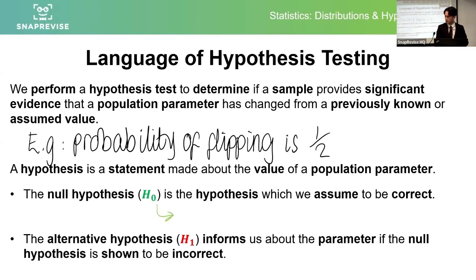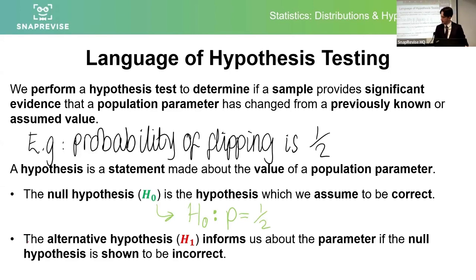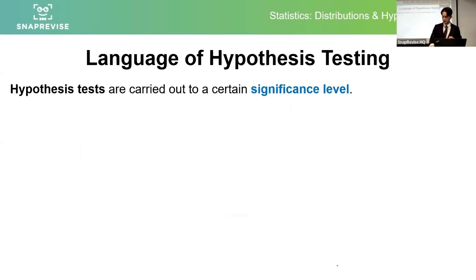Now H0, the default position, make sure you put a colon and then put p equals 1/2. Don't ever say H0 equals 1/2. You won't get any marks. H1 might be probability is less than 1/2, if that's what we're contesting. Okay, so we're going to look more at the language of this now.